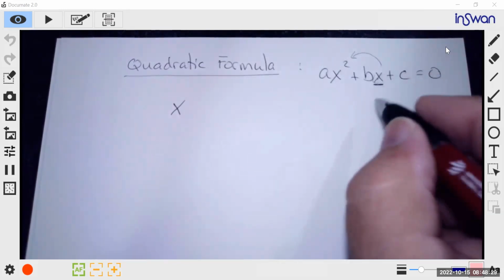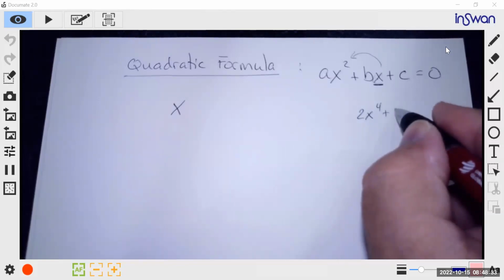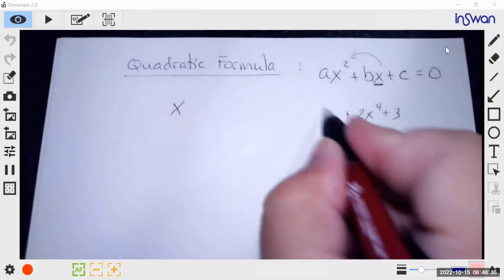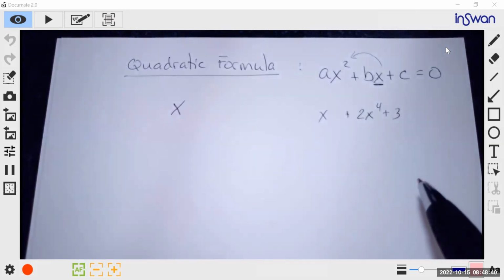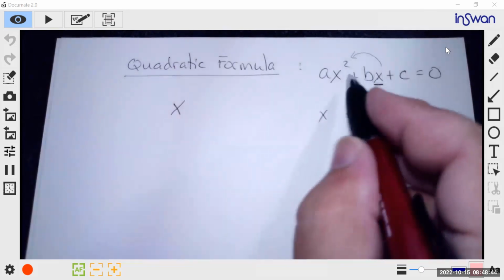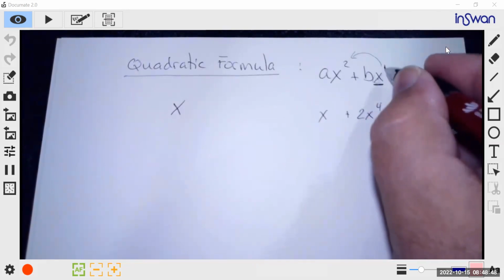So if the middle term, if we had 2x to the 4th, what would this x here have to be? See, this one here is 1. There's only one right there. How do you get from 1 to 2?